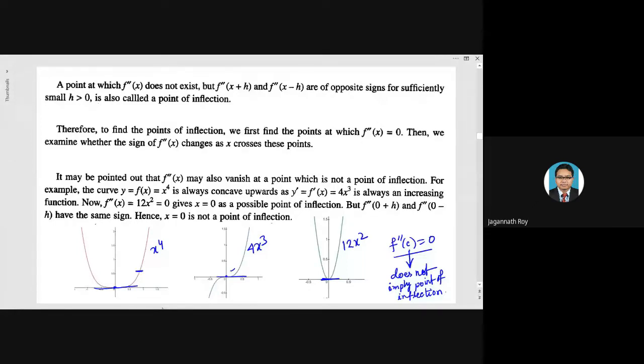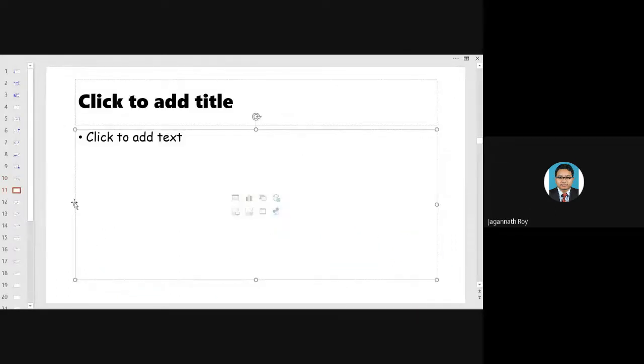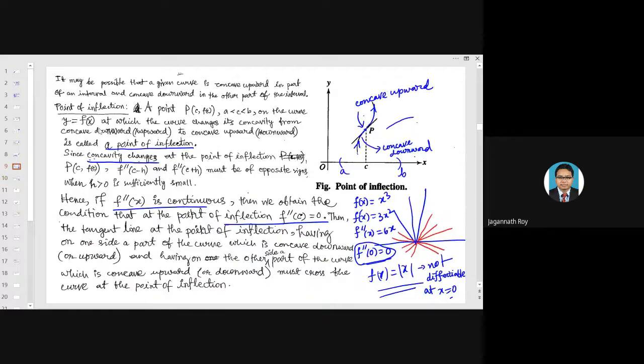Let me just give you an example: f of x equals x cube, f dash x is 3x square, then f double dash x is 6x. Now, if you try to find out the definition, what is the definition?